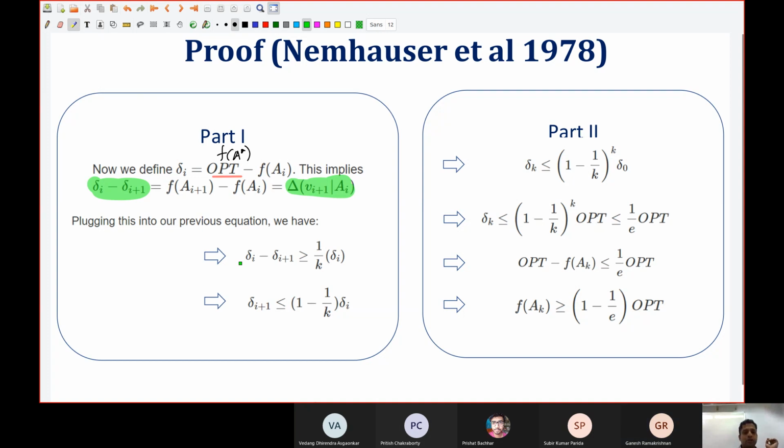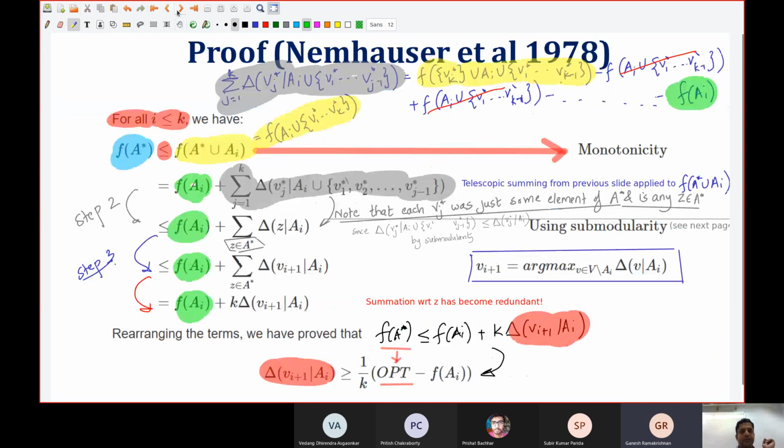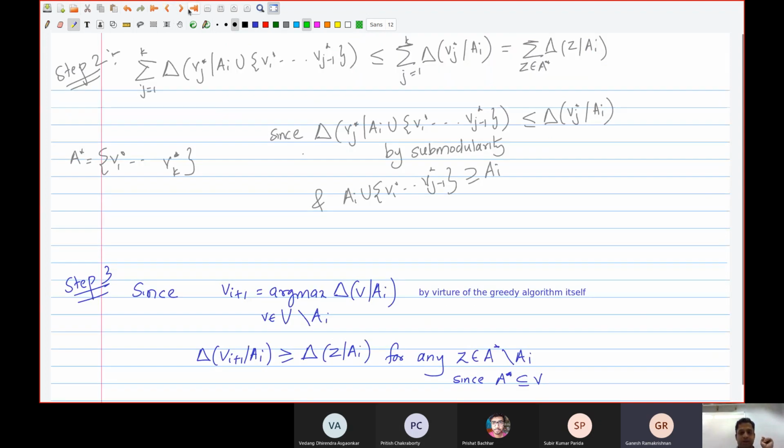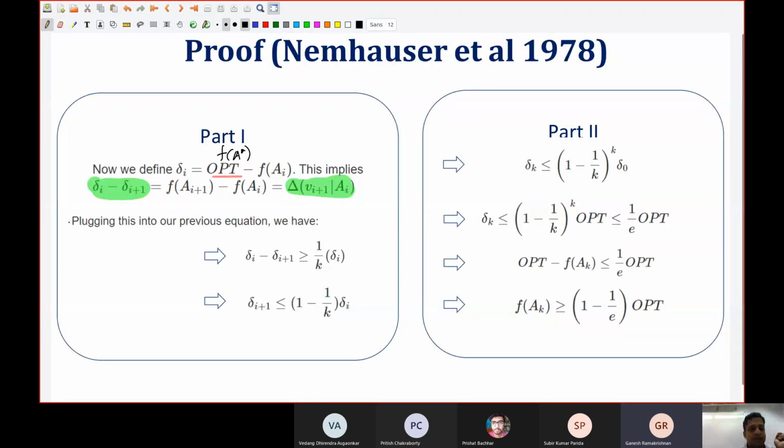So what we have from the previous slide, right, where we said delta vi plus 1 given ai is greater than or equal to 1 upon k, right? So let me just bring that up again.